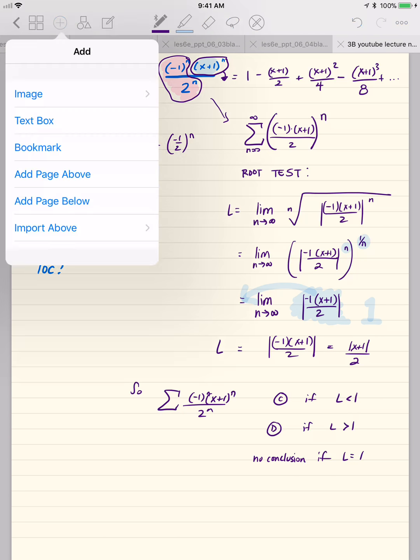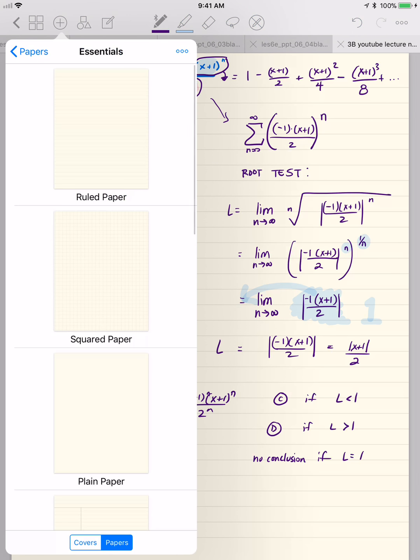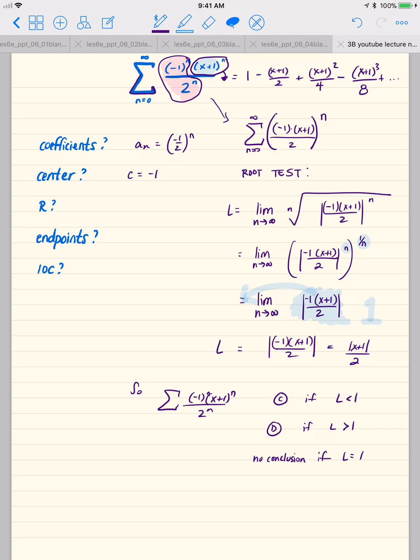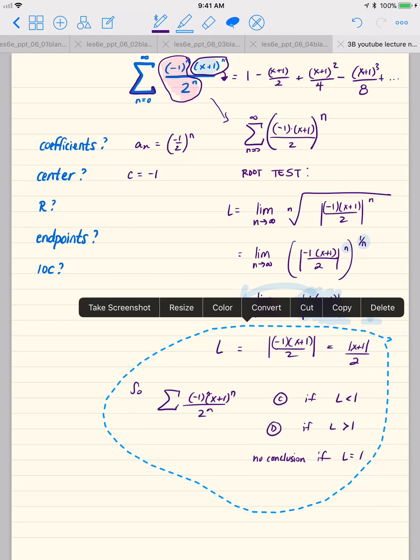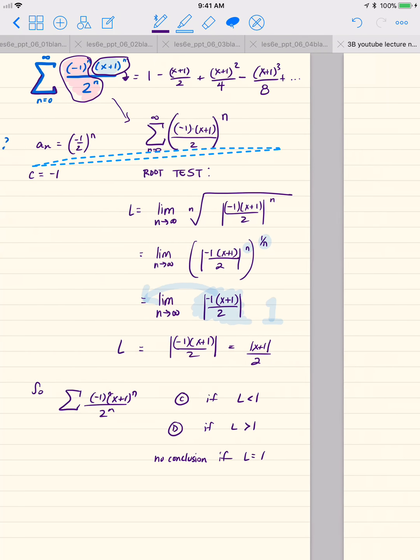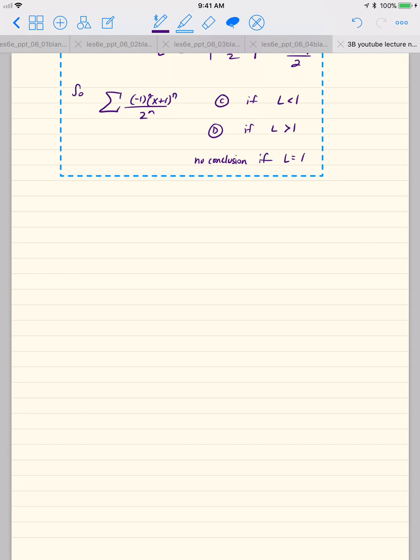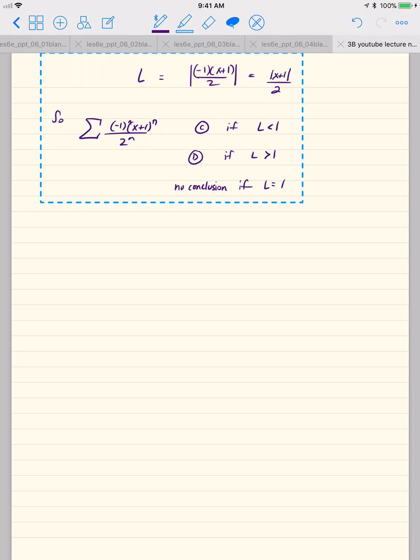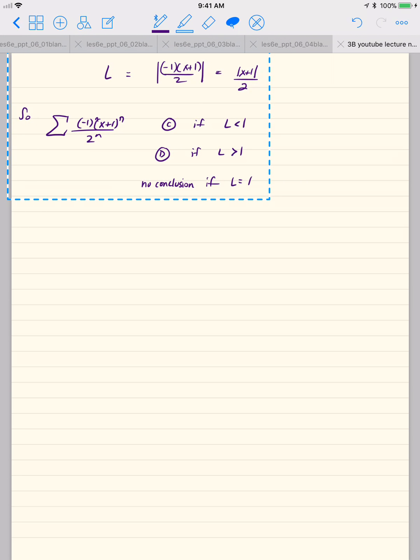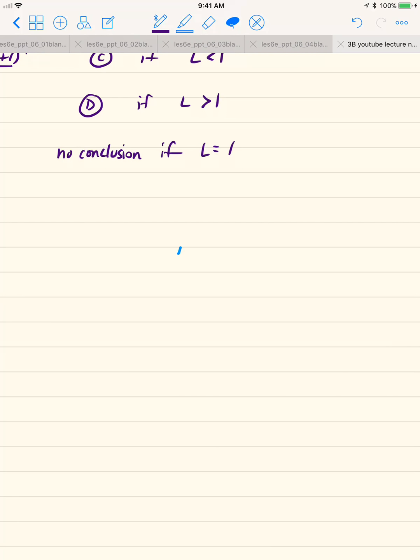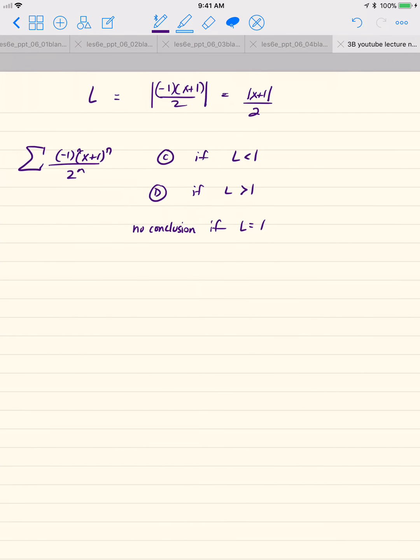So let's actually add a page below. Okay, and now let me copy this. So we've got L, and we're saying that we know when our series converges. Our series converges if L is less than 1.